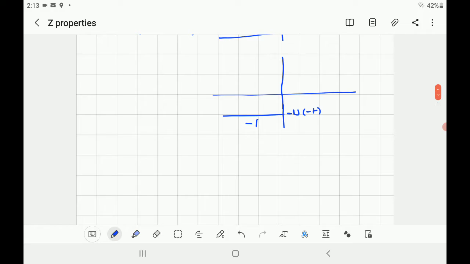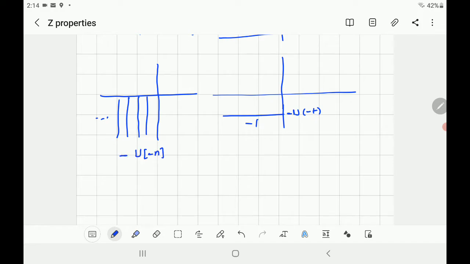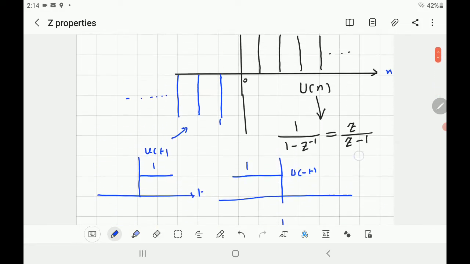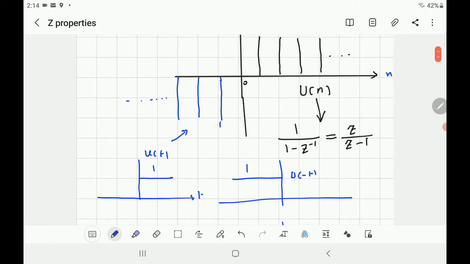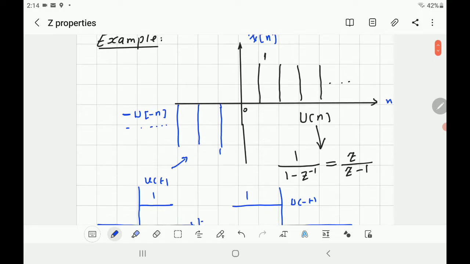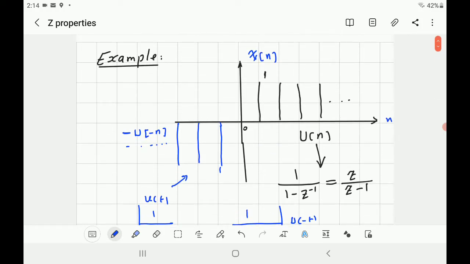If you want to find the equivalent in discrete, where you have samples, you will write minus u of minus n. So just replace t by n. So this part, you can write as minus u of minus n. Now if you add both, you get this function.